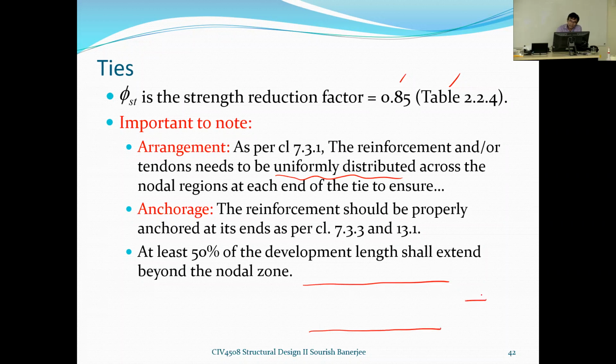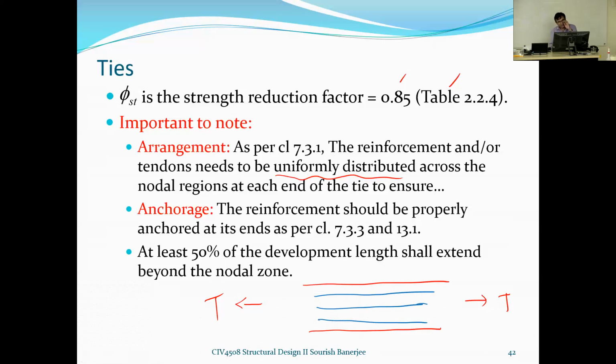So what we are saying is we are applying some force here, right? Say this tensile force. Now, this has to be carried by the reinforcement which is provided inside this tie. So what we are saying here is distribute the reinforcement required equally, that means uniformly distributed across the cross section.